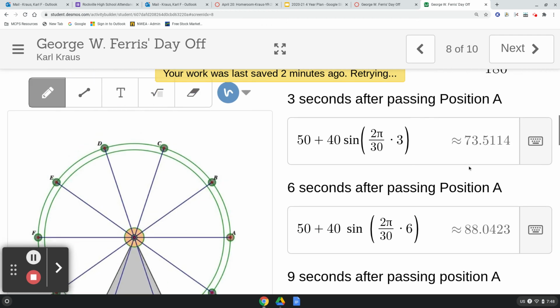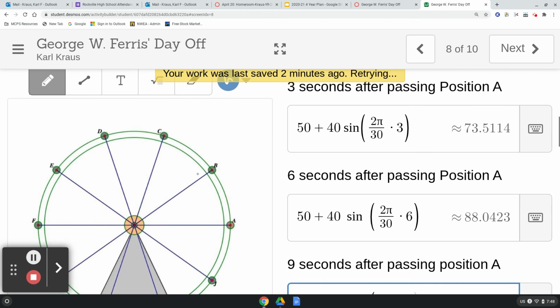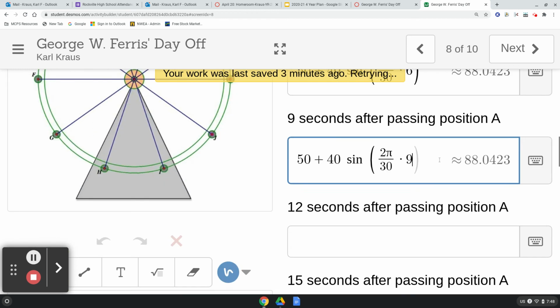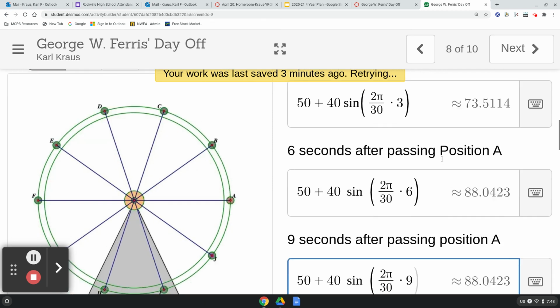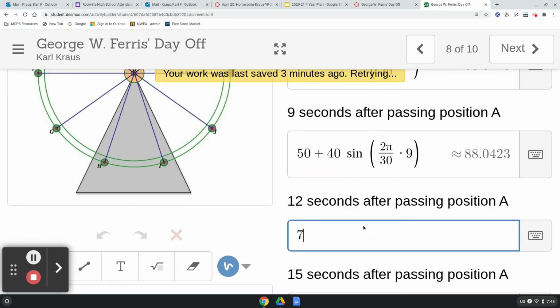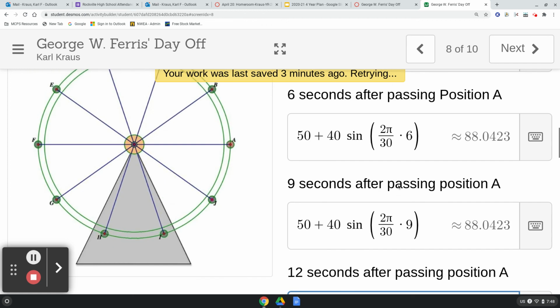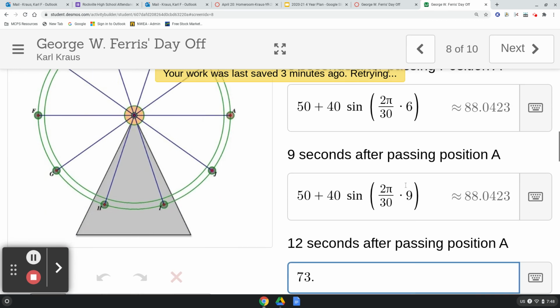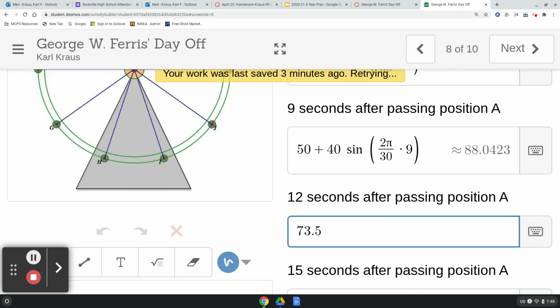All right, so once we find 3, it's going to be the same as 12. So this is 73.5555115.